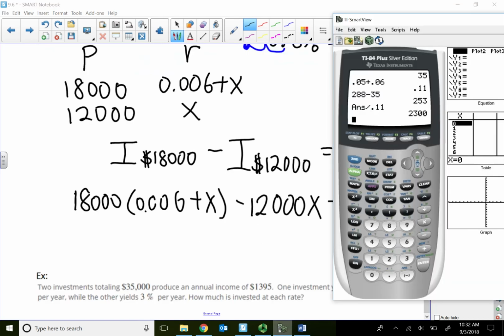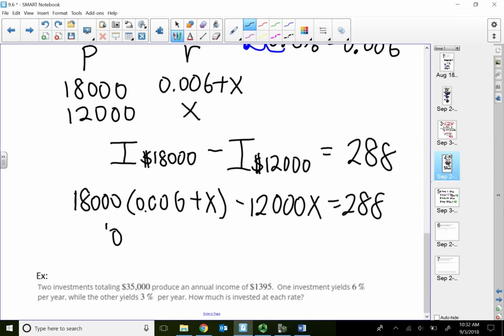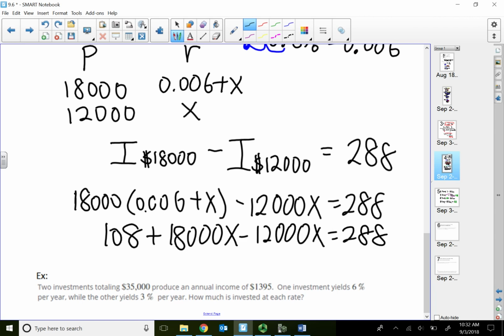All right, let's do a quick distribution. $18,000 principal times 0.006, which is 108, plus 18,000x minus 12,000x equal to 288.